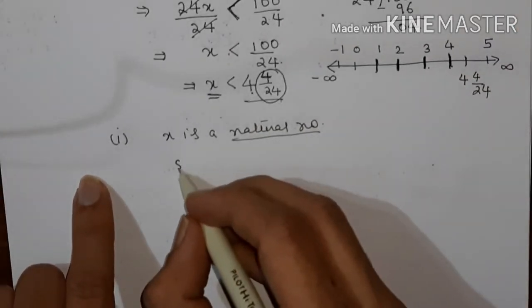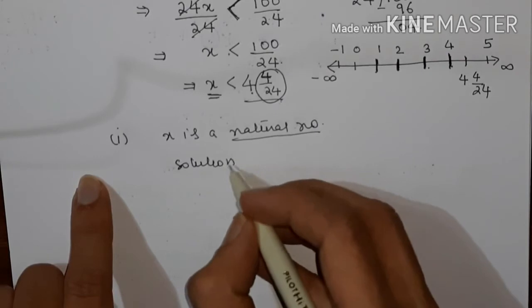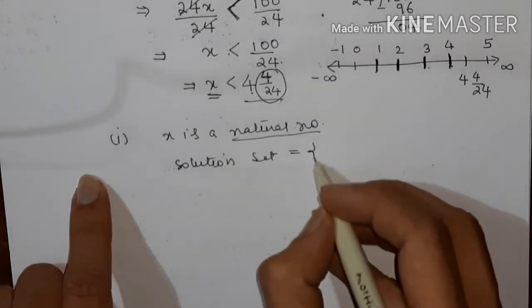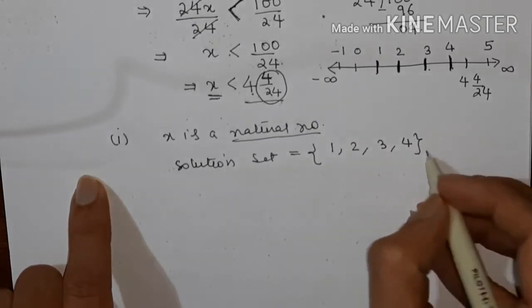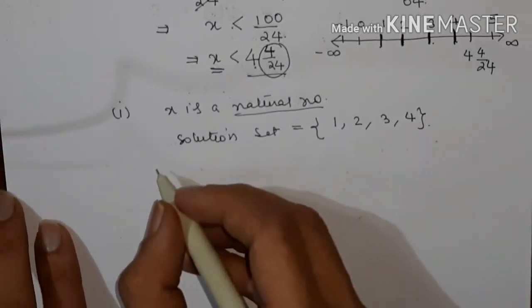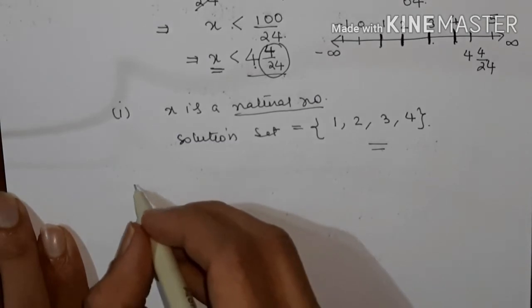So the solution set is 1, 2, 3, 4. This is the answer of the first sub question.